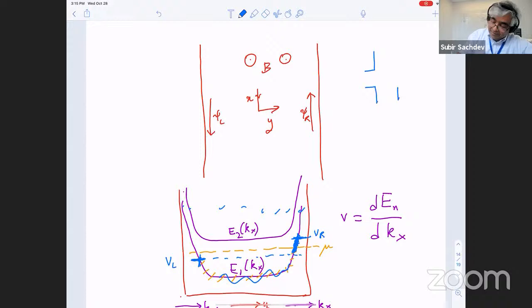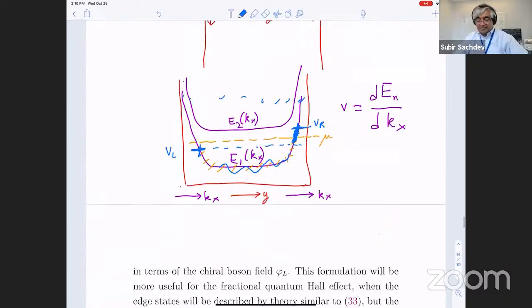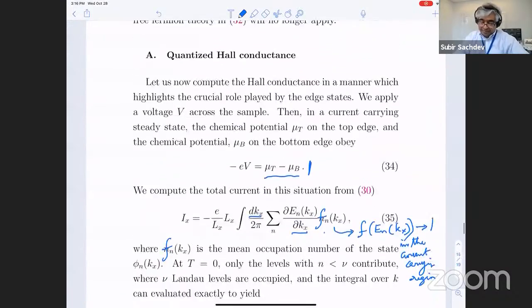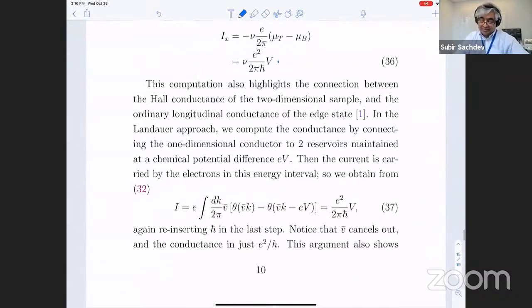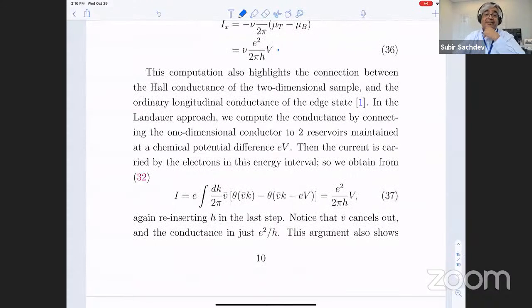I would have 4 reservoirs. So here I have a reservoir here, here, here, and here. And the current will be going from here to the reservoir and out from the reservoir to this one, and so on and so forth. This kind of analysis has been done very carefully. There's a very nice paper by Büttiker where he goes through this analysis very carefully. That's reference 1 right here.